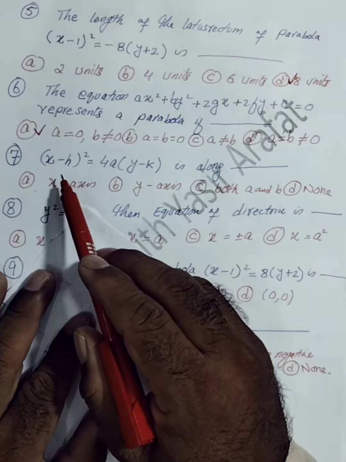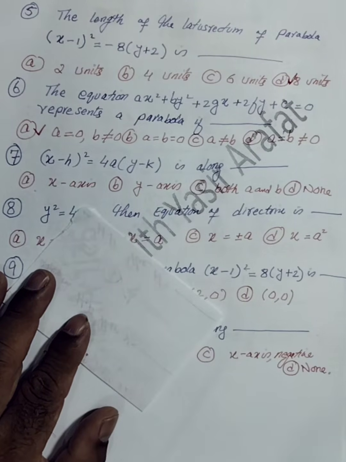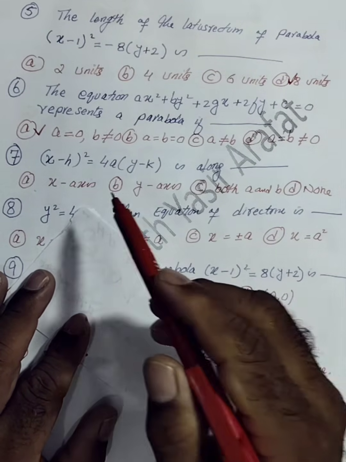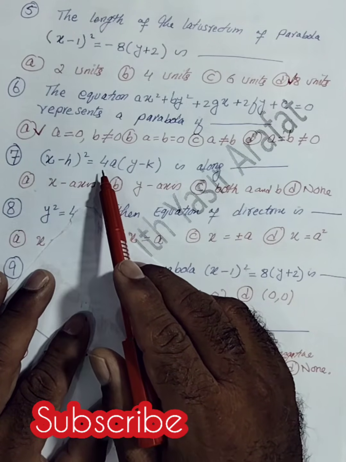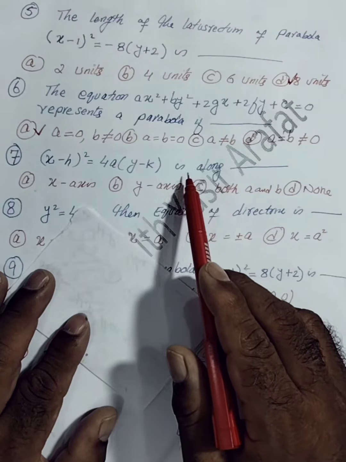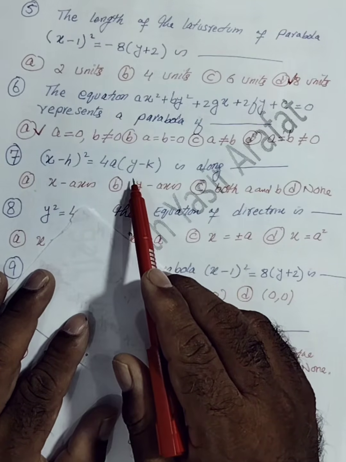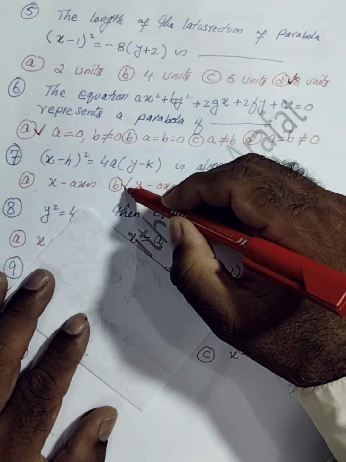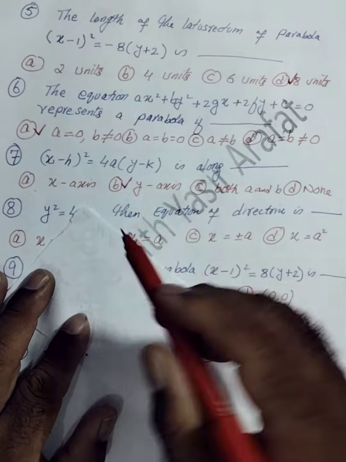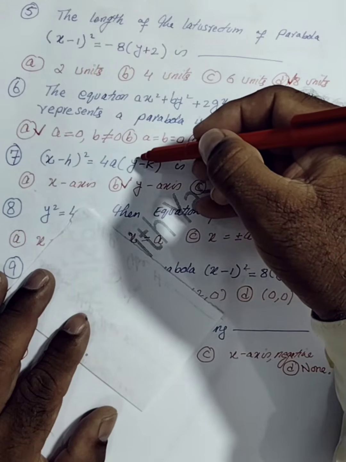Now come to the 7th MCQ, that is (x minus h) whole square equals 4a (y minus k). Here y is linear, so this parabola is along the y-axis. We have to consider the linear part of the component here.